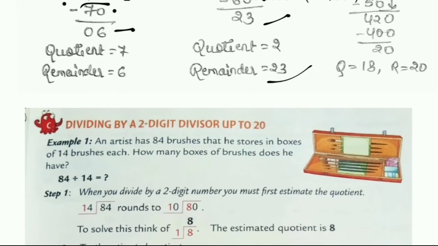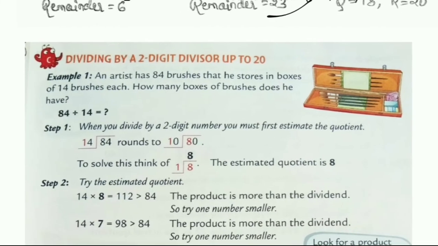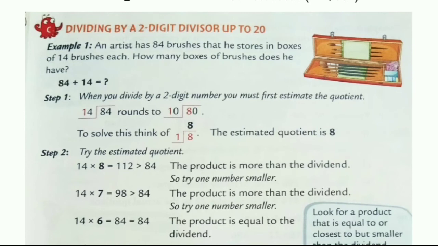After this, the next topic is dividing by a 2-digit divisor up to 20. In this one, we can take the rounded number. Okay, see 84 divided by 14. First we have to write it like this.